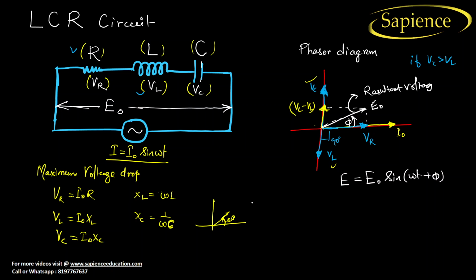If you observe the vector addition, in this direction we have VC minus VL. Let us erase it properly.